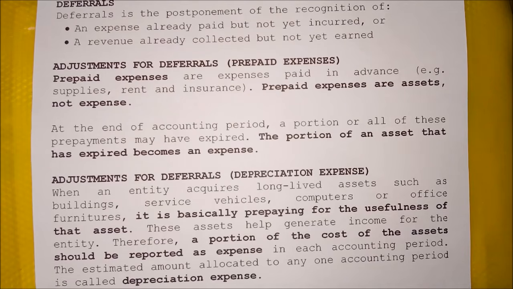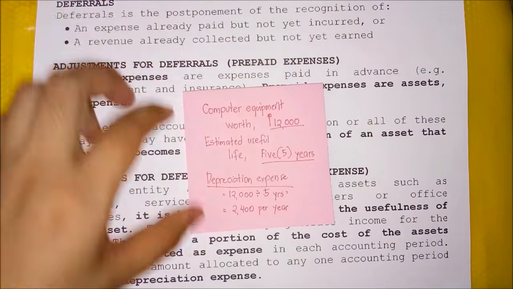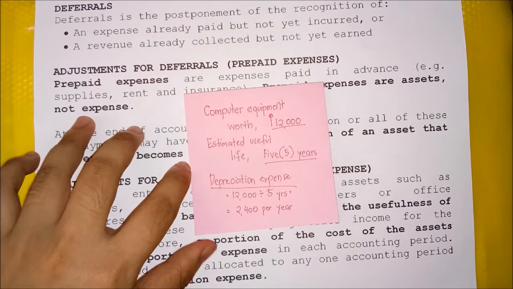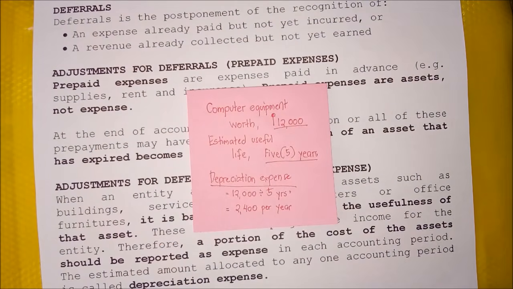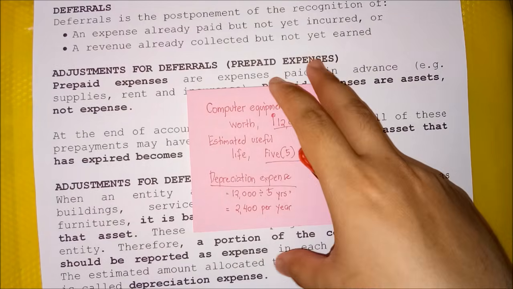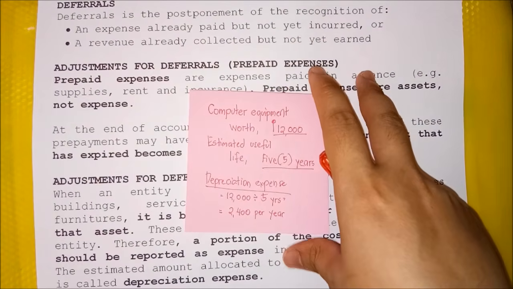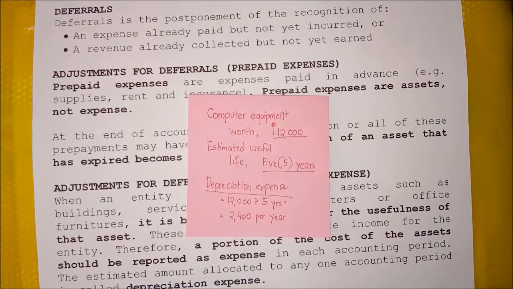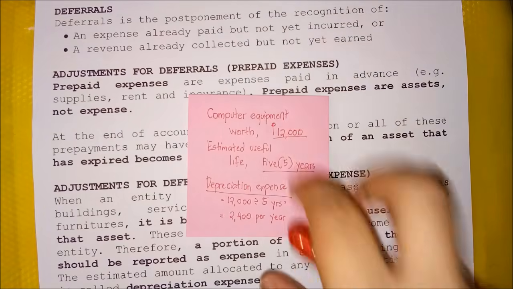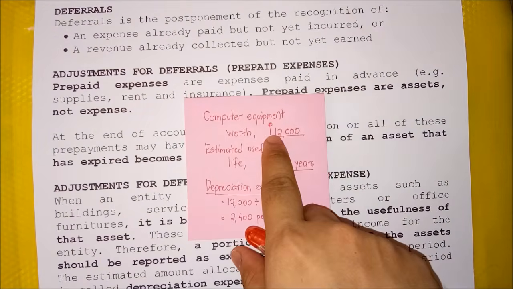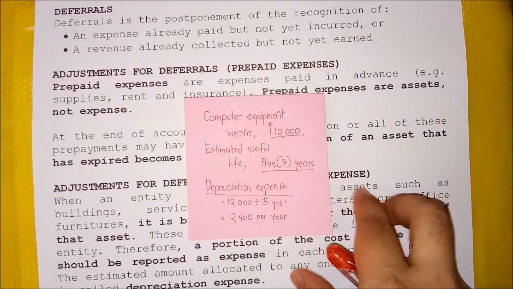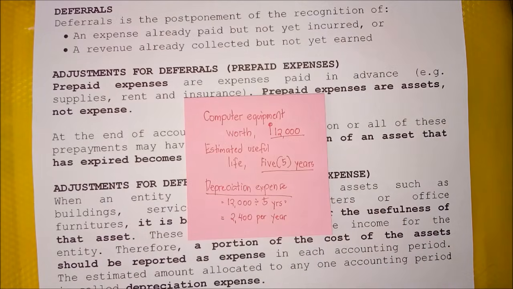For example, the entity purchased computer equipment worth 12,000 pesos, and ang computer equipment is normally tumatagal siya ng lagpas 1 year. So, ibig sabihin, ang computer equipment na to is magbe-benefit pa siya or magagamit pa siya sa mga susunod na accounting periods.